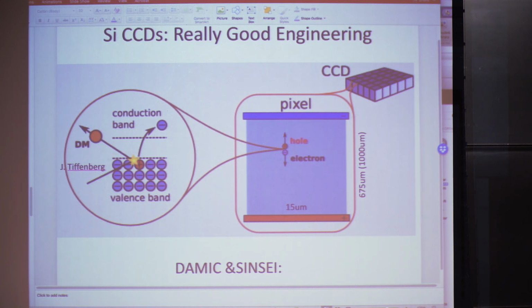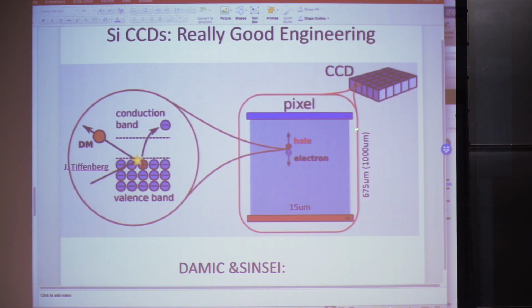We've spent many billions of dollars, probably DARPA, in developing this semiconductor technology. And so a silicon CCD is basically just, again, dark matter comes in, hits an electron, puts it up in the conduction band. The electron flies across, the hole flies across, and then we measure the ionization produced with a CCD.